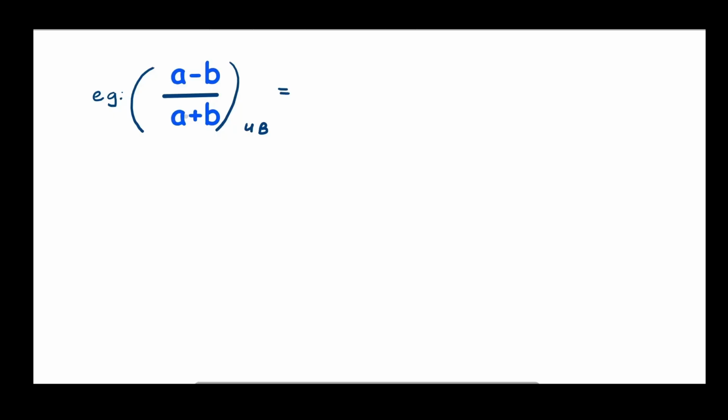So if it is a fraction, then for A minus B, the whole expression A minus B should be upper bound, because this is a division, over A plus B, which has to be lower bound.